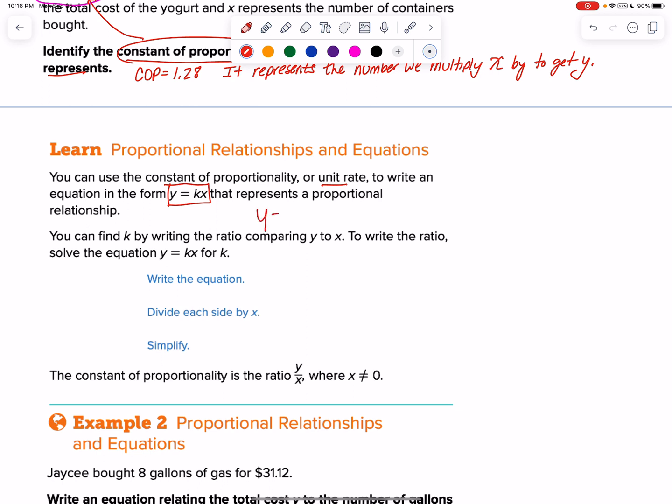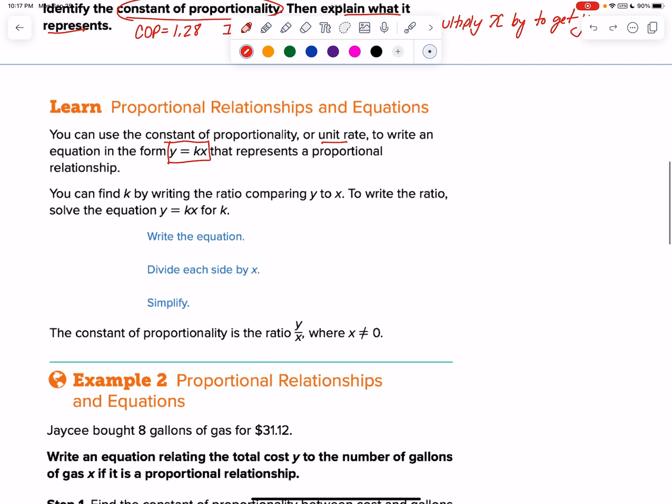So I do want to say to you, if you ever see something like k times x plus 1, instantly that's not a proportional relationship. This is the only equation template that needs to exist to have a linear proportional relationship like we saw in the graph up above.